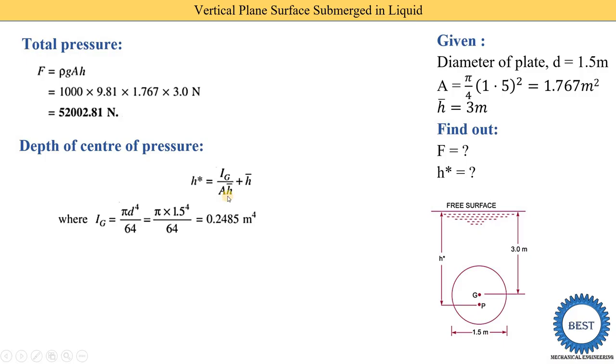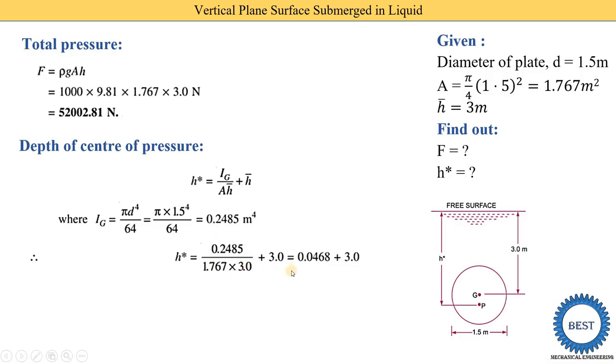Now we put this value of Ig in the equation of the center of pressure. We also put the values of A and h bar to find h star. So Ig is 0.2485 divided by area A, which is 1.767, into h bar, which is 3, given in the numerical, plus h bar, which is 3.